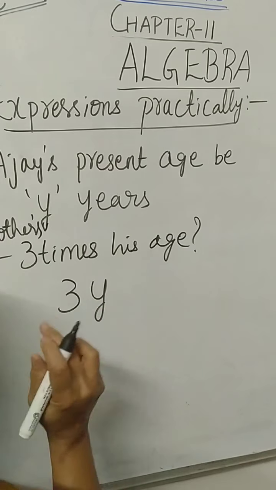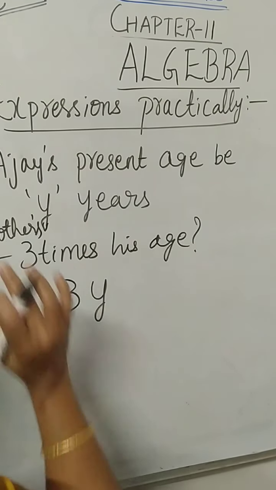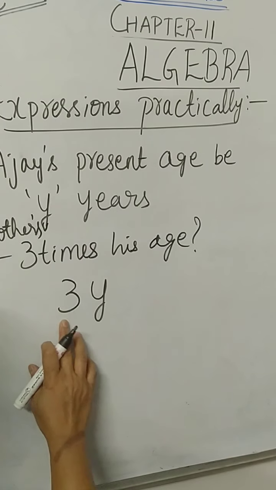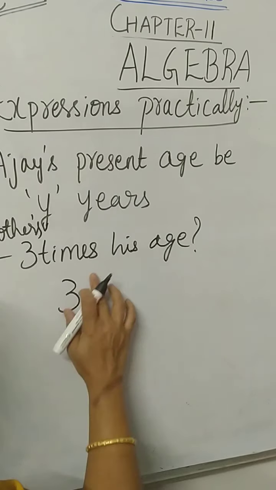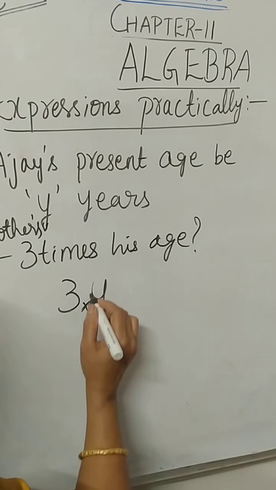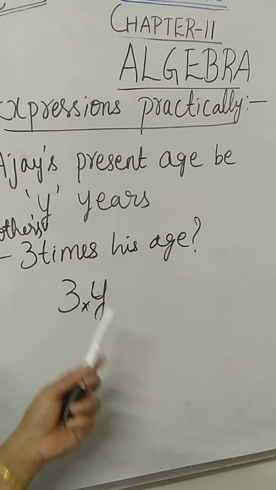We don't write it as Y3. Why? 3 into Y, so it is 3Y. 3Y is his mother's age. That is, 3 times means 3 into whatever his age is. If his age is 8, 3 into 8 is his mother's age. Did you get it? That is the way we use it practically.